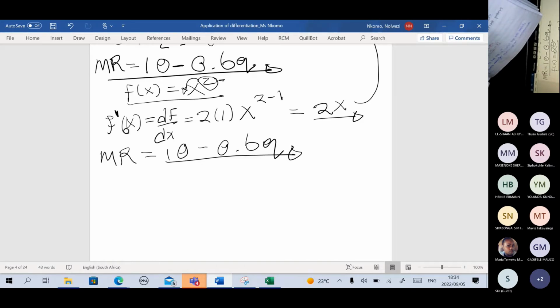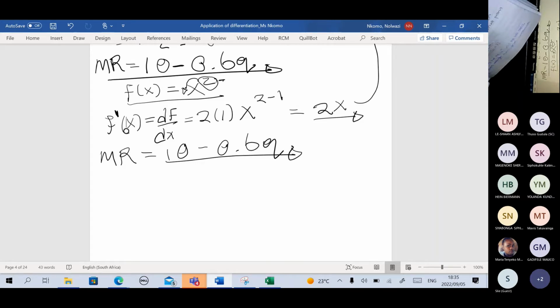Let's say we want to find, after 10 units sold, what would be our marginal revenue, right?